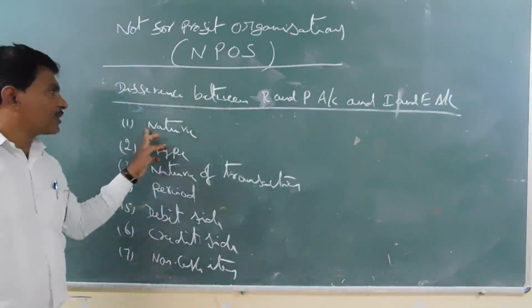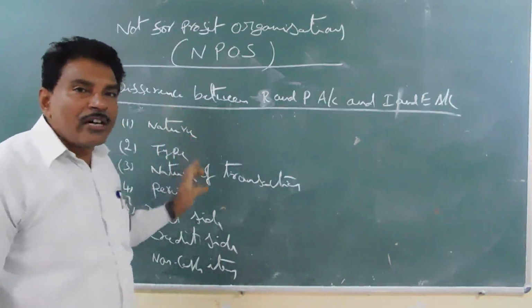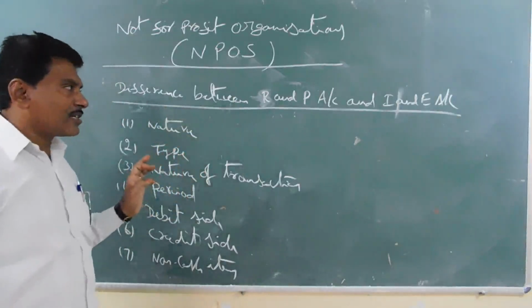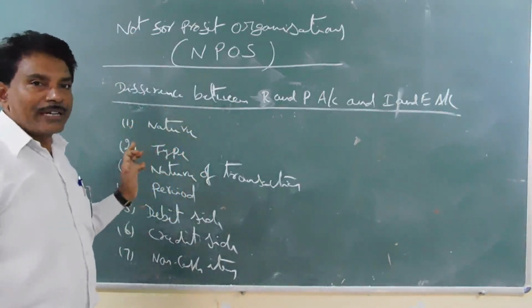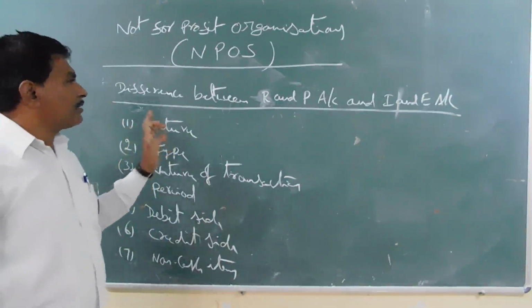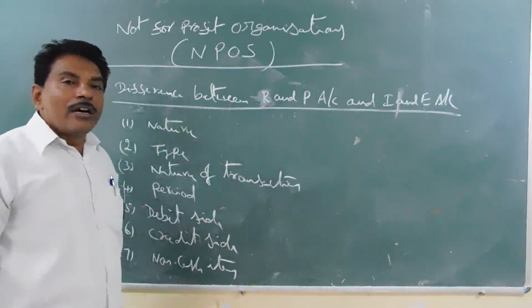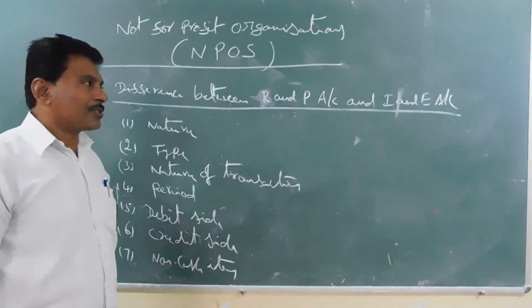First one, nature. The nature of receipts and payments account is that it is a summary of all cash transactions during an accounting period. Next, income and expenditure account is a summary of revenue expenses and incomes.